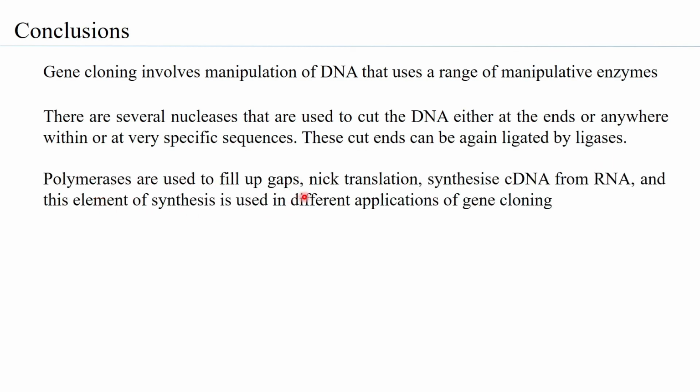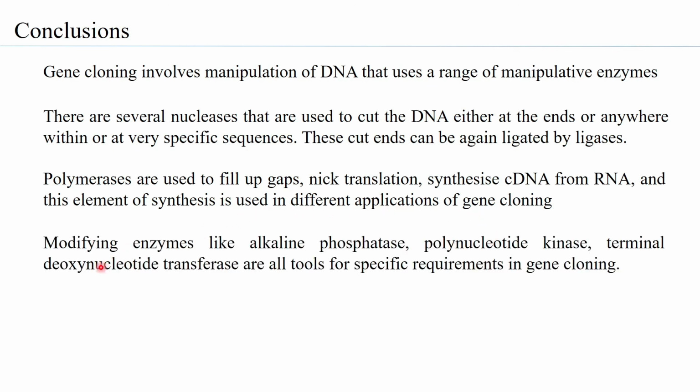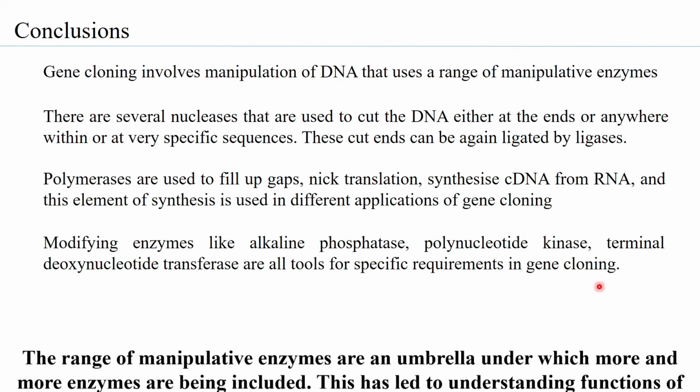Polymerases are used to fill up gaps, carry out nick translation, synthesize complementary DNA from RNA, and this element of synthesis is used in different applications of gene cloning. Modifying enzymes like alkaline phosphatase, polynucleotide kinase, terminal deoxynucleotidyl transferase are all tools for specific requirements in gene cloning.